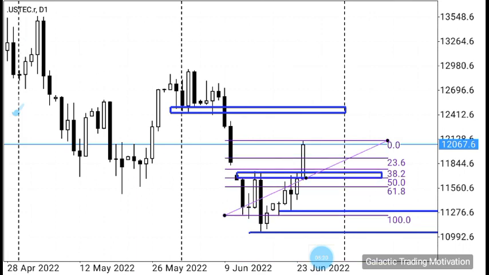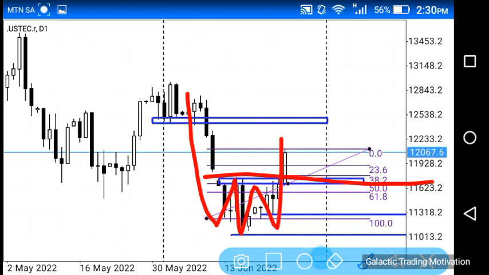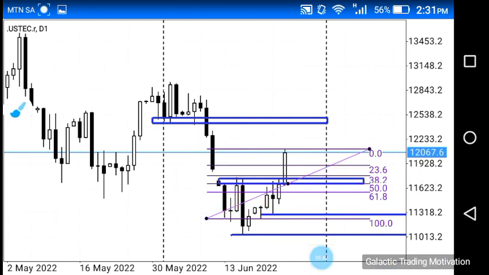As I said, guys, we have a neckline over here as well as that inverted head and shoulders pattern, and the anticipation is that price should come back to the neckline to retest it and possibly push further up, right? So can you guys see that actually the neckline is more or less in line with the 38.2% Fibonacci retracement zone?